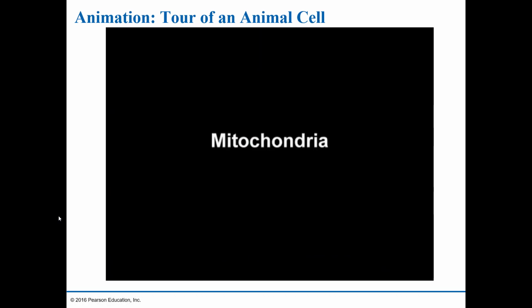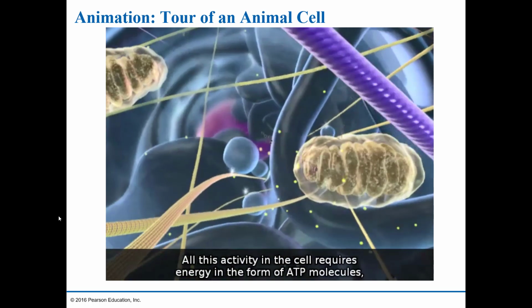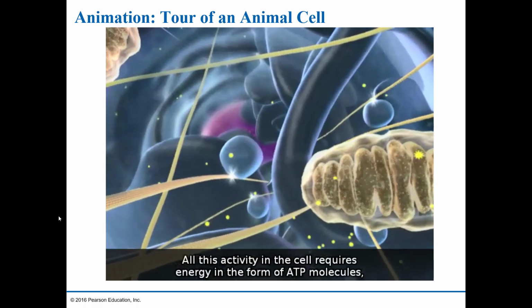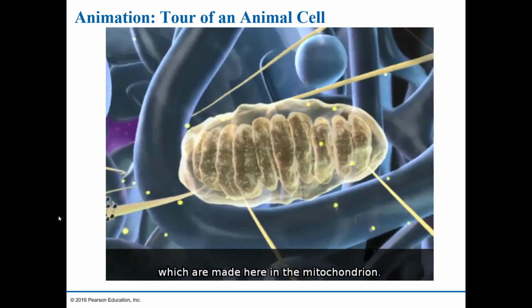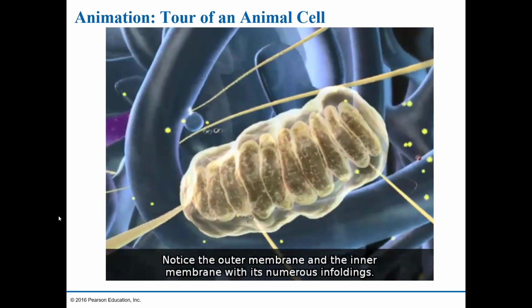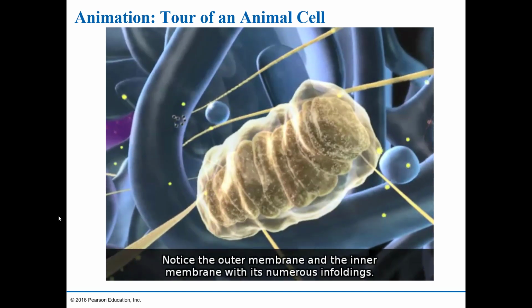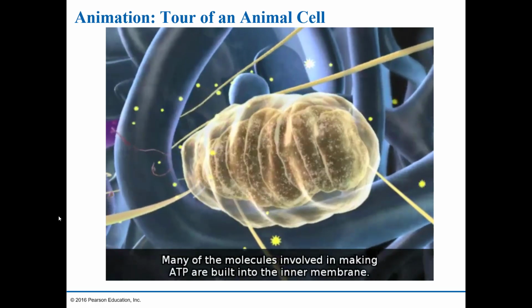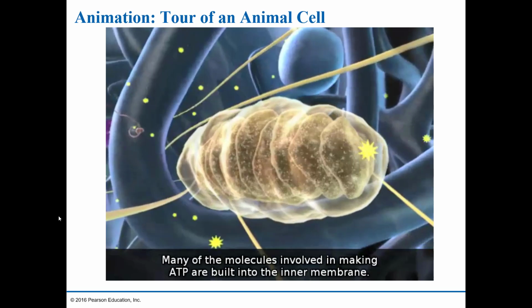All this activity in the cell requires energy, in the form of ATP molecules, which are made here in the mitochondrion. Notice the outer membrane and the inner membrane with its numerous infoldings. Many of the molecules involved in making ATP are built into the inner membrane.